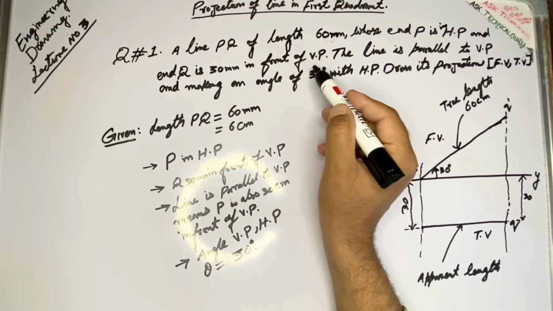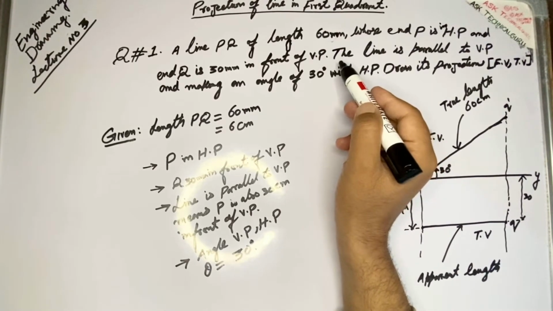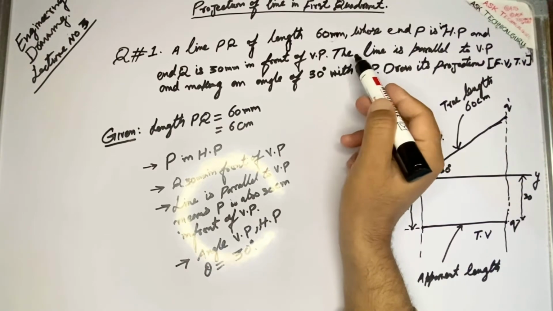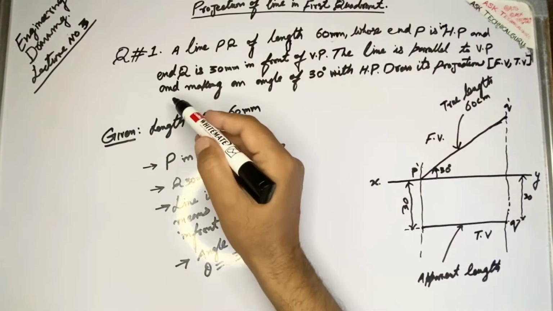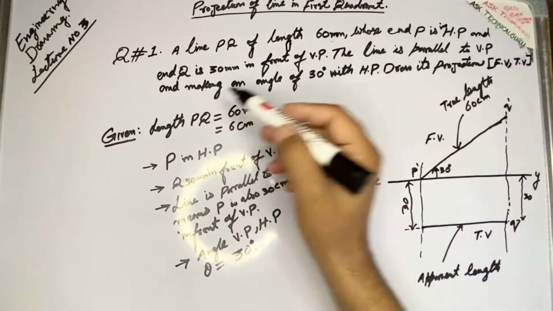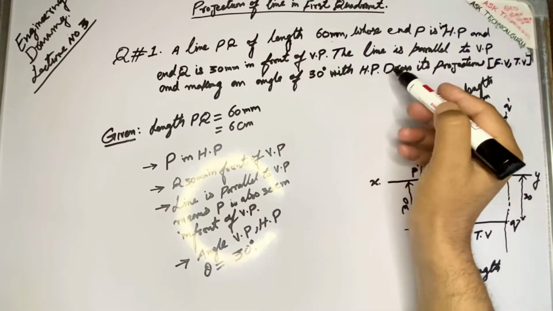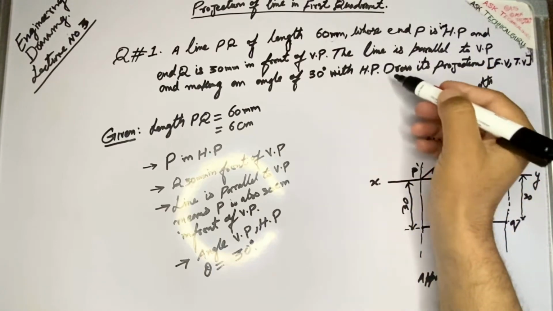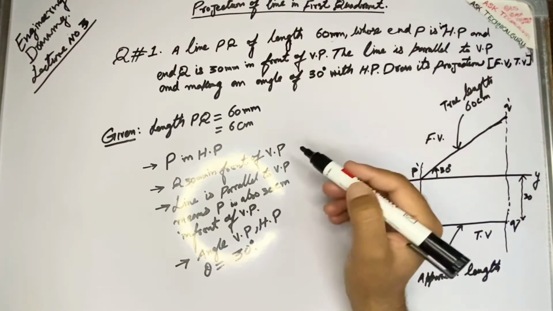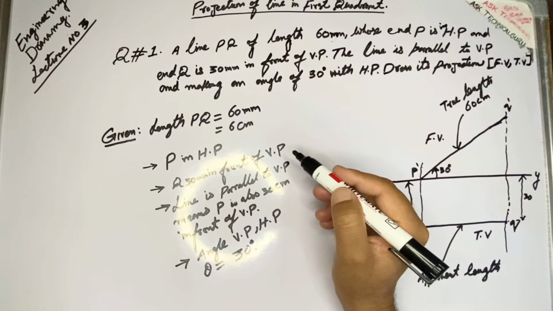Okay, this is the condition of the 2 points. Further, it says the line is parallel to VP, the vertical plane, and making an angle of 30 degree with the horizontal plane. These are the given conditions of the line PQ.